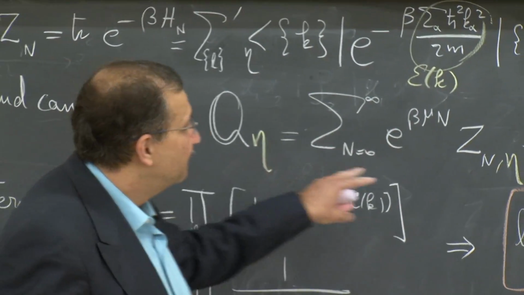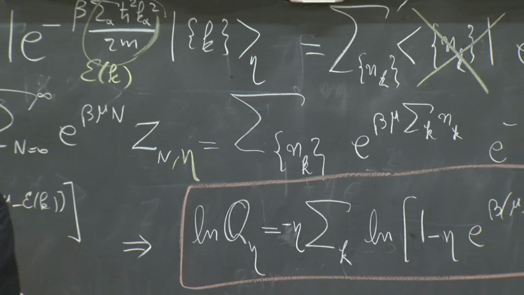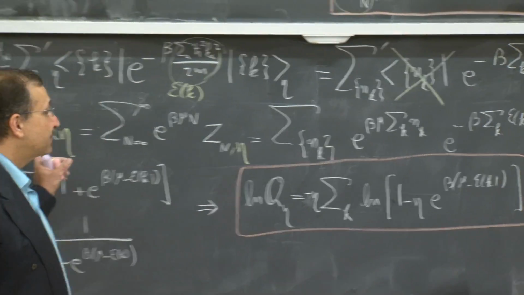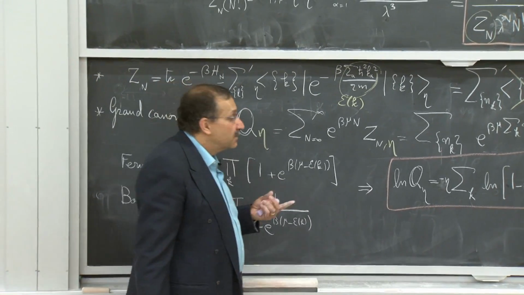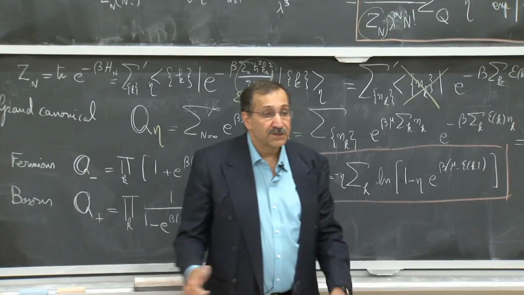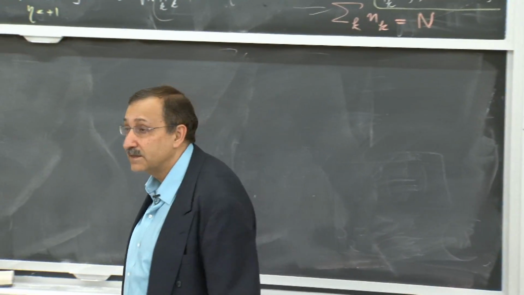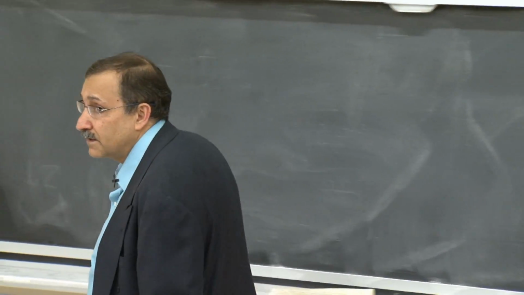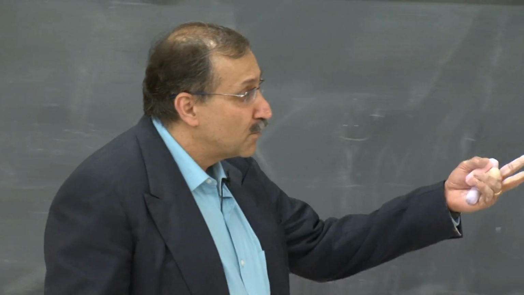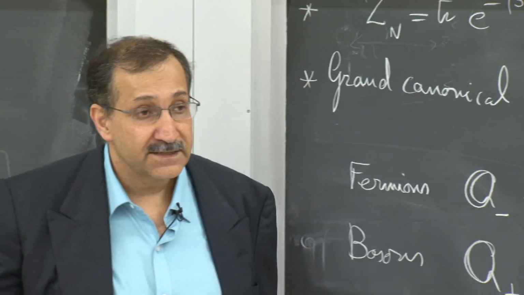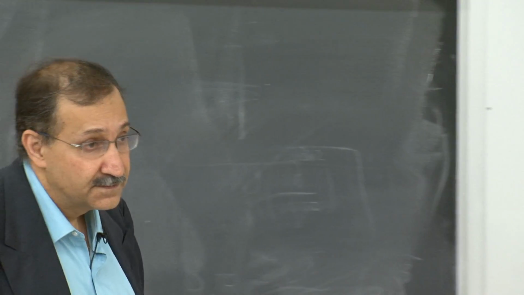essentially we were able to do this calculation for Q because it was a product of contributions that we had for the individual one-particle states. So clearly, as far as this normalization is concerned, the individual one-particle states are independent.